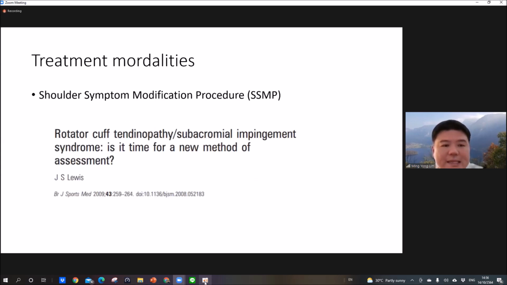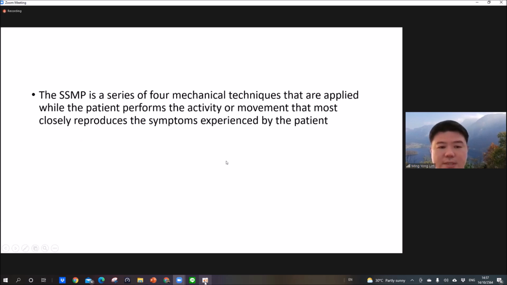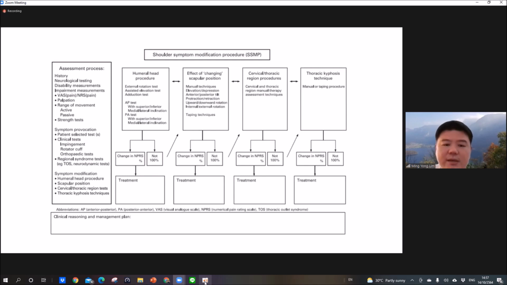For treatment modalities, I'll bring you to one of them, the SSMP, which is the Shoulder Symptom Modification Procedure by Lewis. This is a series of 4 mechanical techniques applied to the patient while they perform the activity or movement that most closely reproduces the symptom. This is the table they collected in their paper.